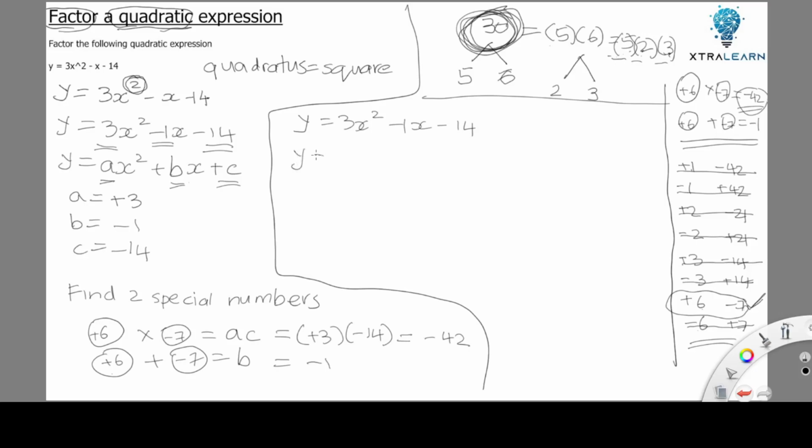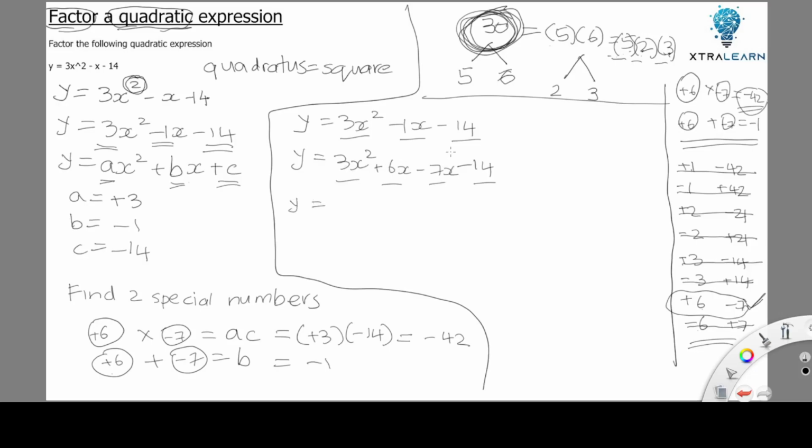So that's what we're going to do. The first term stays the same. The last term stays the same. But this -1x, we're going to replace it with +6x minus 7x. So as you can see, before we had 1, 2, 3 terms. Now we've got 1, 2, 3, 4 terms. What we're going to do now is factor.